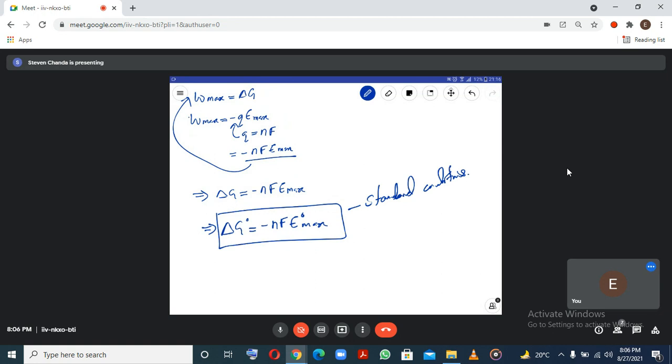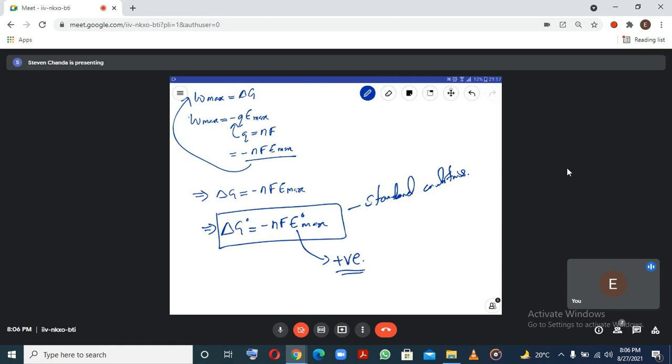Because what is the principle for a reaction to be spontaneous? It has to have a free energy change of negative. And we know that for a cell to progress, this value of E is positive, isn't it? So if this value is positive and you've got a negative in front, meaning for a galvanic cell, it will run in the direction that gives a positive E value.